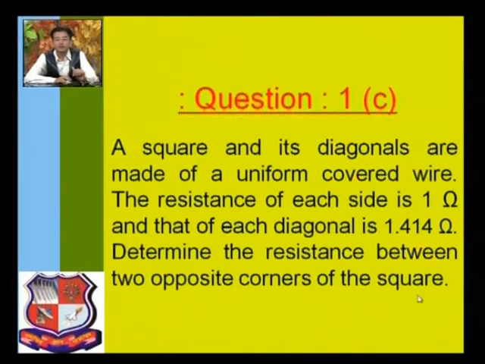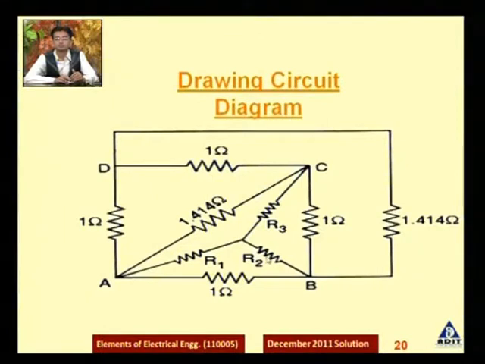So from this square you can draw a circuit. The circuit will look like this: A, B, C and D. Now as per the description, each side has 1 ohm resistance, so you can draw this 1 ohm resistance in the circuit.